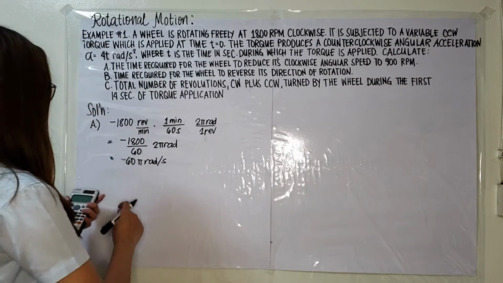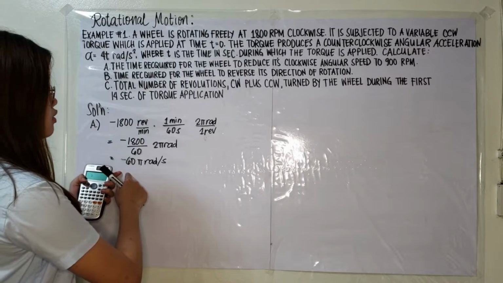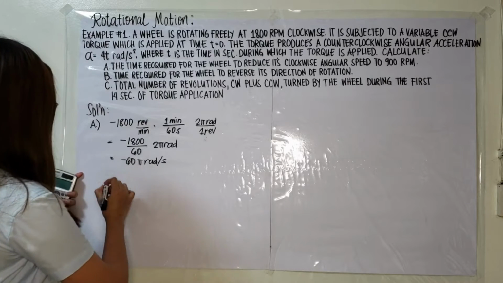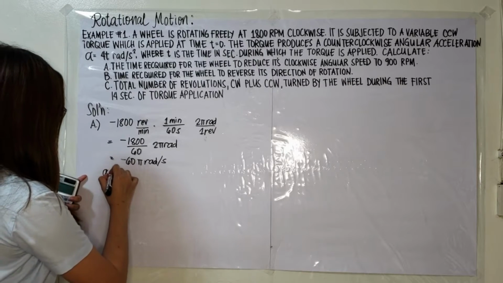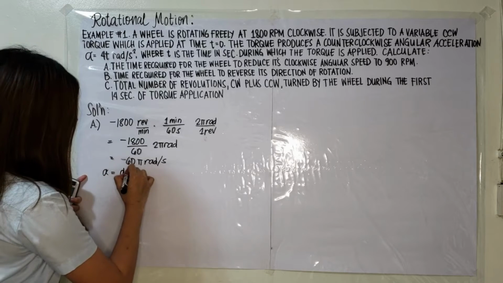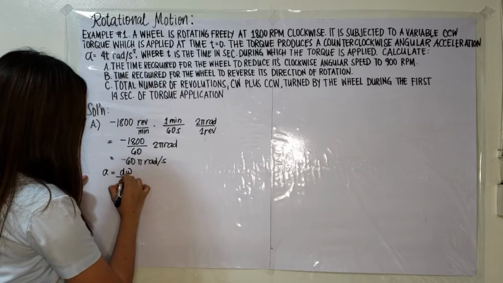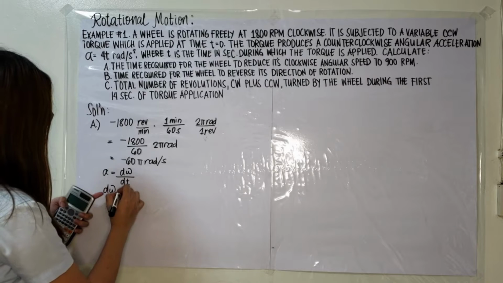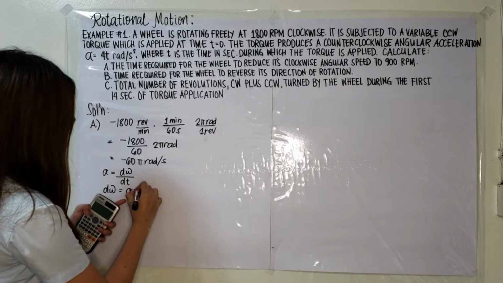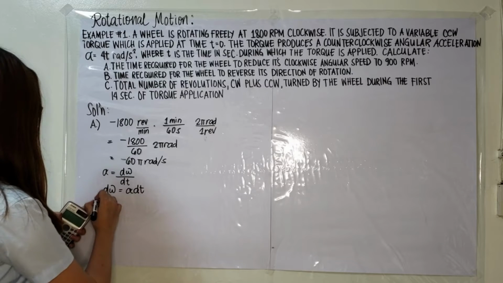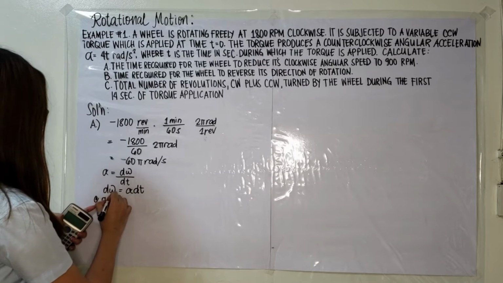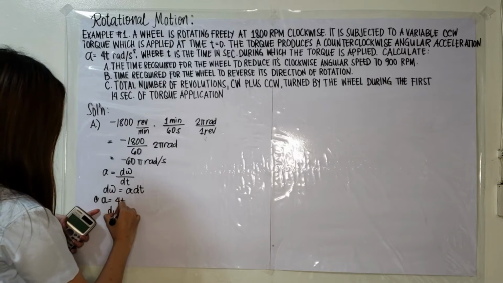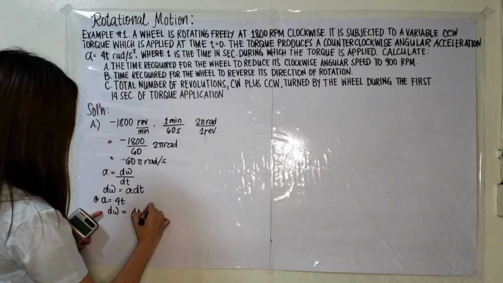Now that the angular velocity is in rad per second, we can integrate. Using the formula, alpha is equal to d omega over dt. Cross multiplying, we have d omega equals alpha multiplied by dt. Alpha is given, which is 40t, so d omega equals 40t dt.